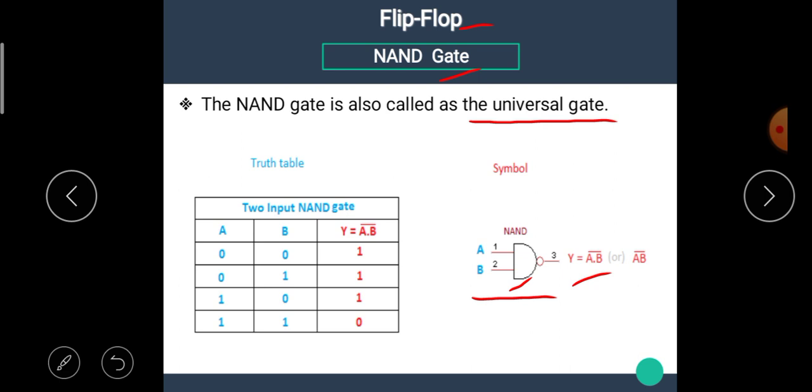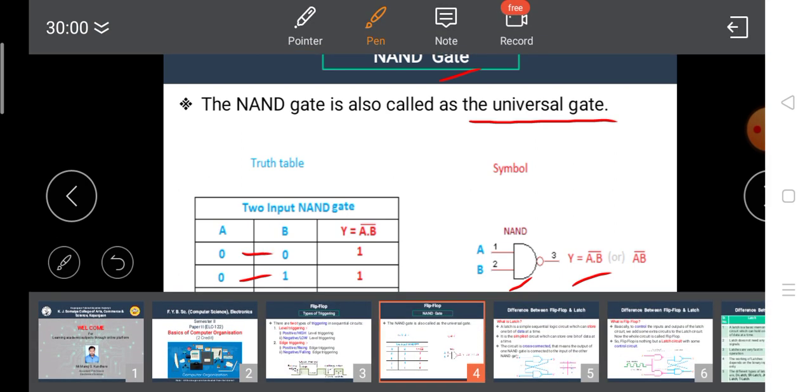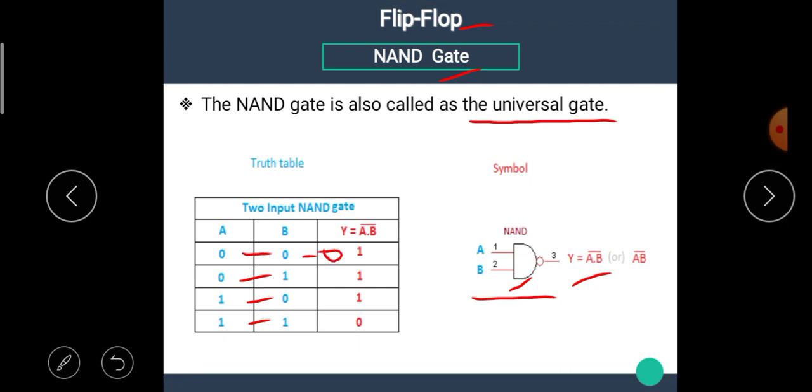Then the possible combinations of AB are 0 0, 0 1, 1 0 and 1 1. The first one is 0 0. That means 0 into 0 we get 0 here, and the complement of 0 is 1.